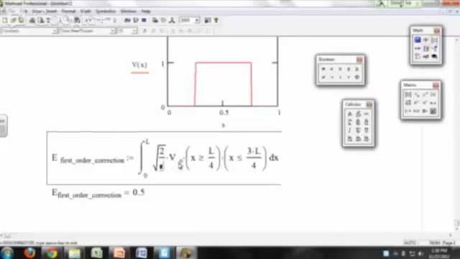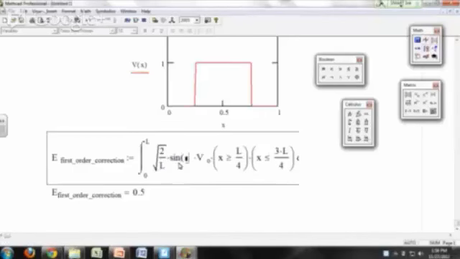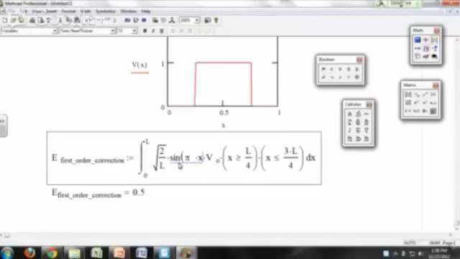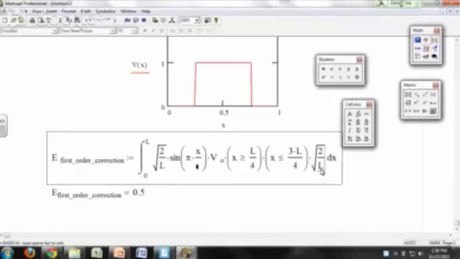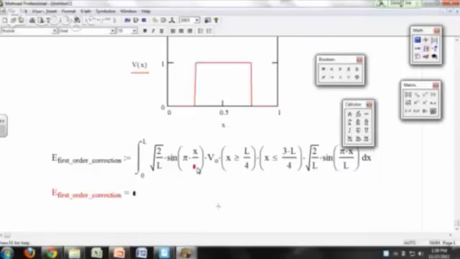Square root of 2 over L times sine of pi times x over L, since n is 1. Then on the other side, multiply by square root of 2 over L times sine of pi x over L. It's 0.818.